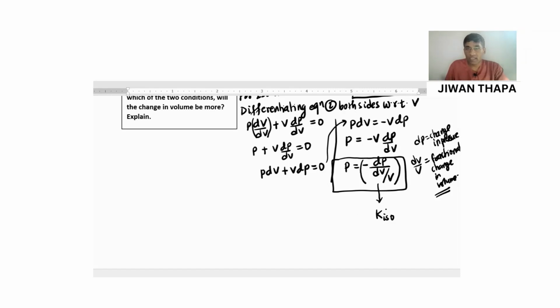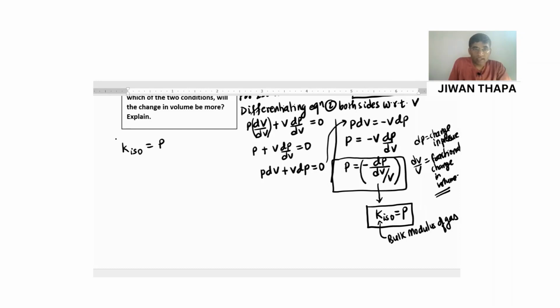So we write K iso equals P. This is called the bulk modulus of elasticity, or simply the bulk modulus of gas. Therefore, we can write K iso equals P.